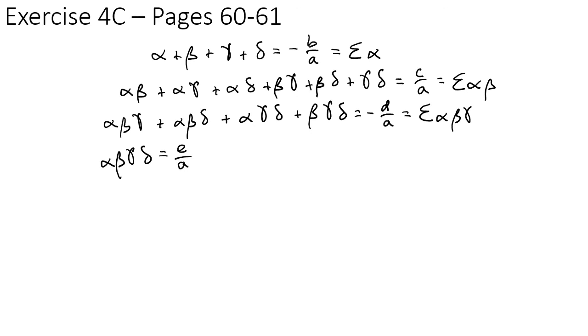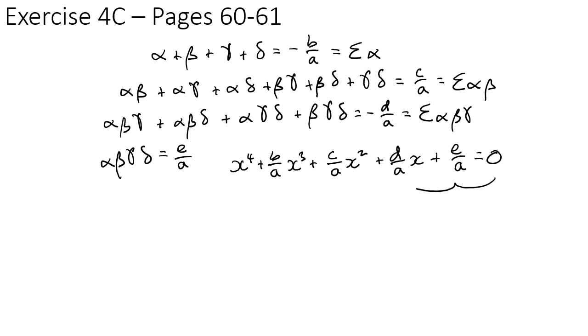And remember what we do, if we divide everything by A, we'll get x to the 4 plus B over A x cubed plus C over A x squared plus D over A x plus E over A equals 0.